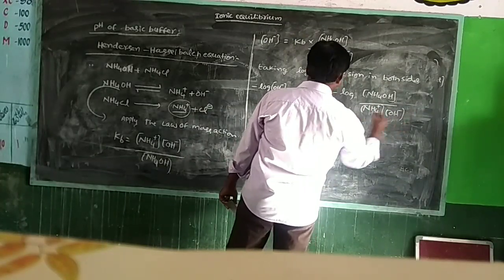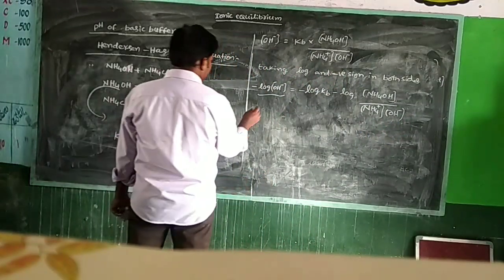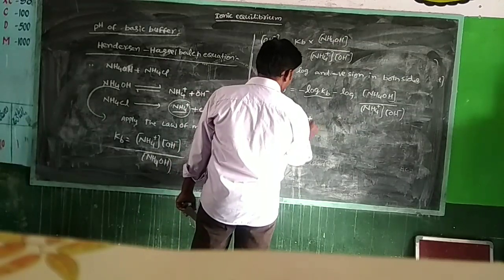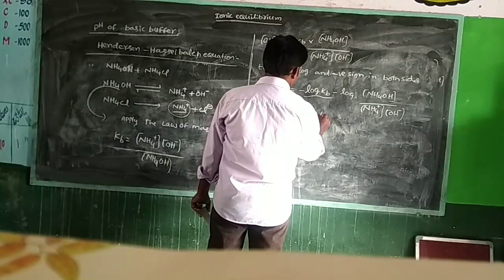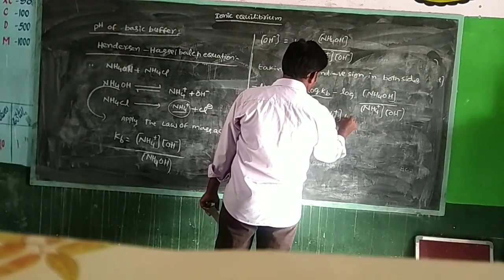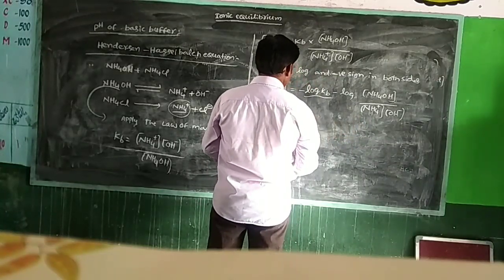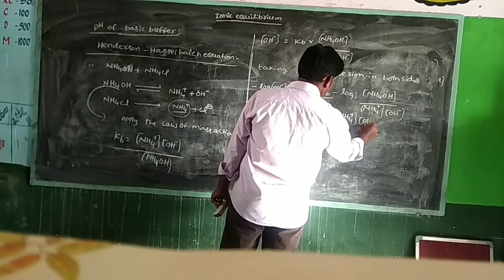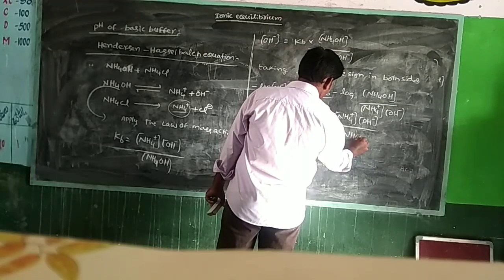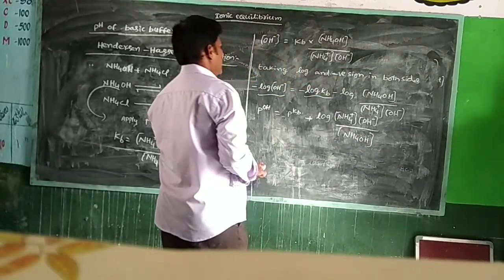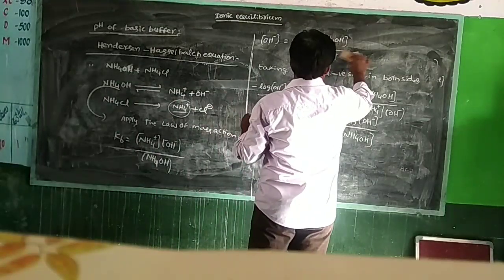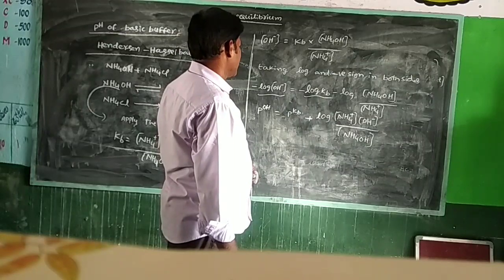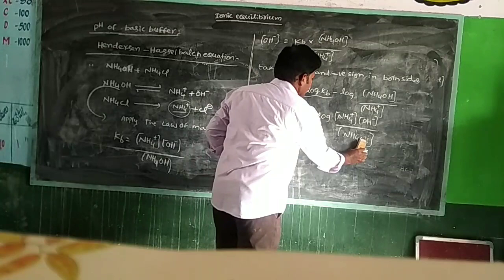The negative logarithm of OH minus is called as what? pOH. pOH is equal to pKb, the negative logarithm of Kb, plus log NH4 plus concentration upon NH4OH.